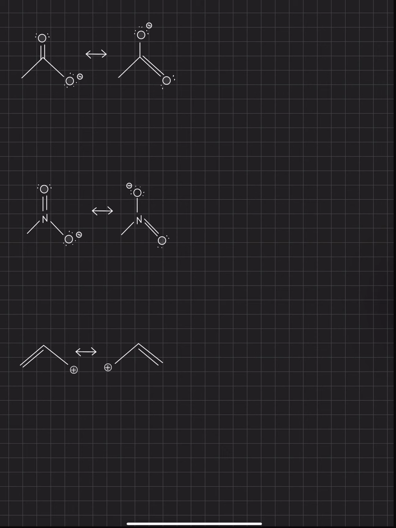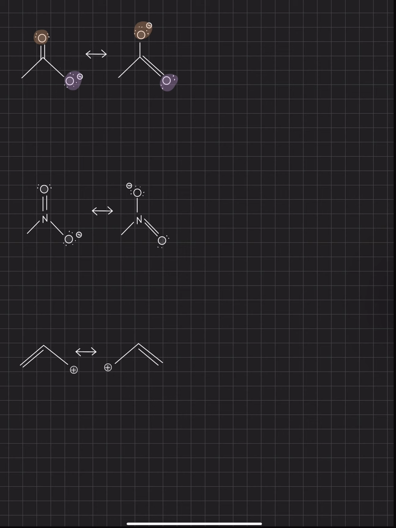So oxygen 1 has no formal charge, and the other oxygen has a negative formal charge. Oxygen 2 has a negative formal charge here, and oxygen 2 has no formal charge here. But you can see that the structures are equivalent. Why? Because on the structure on the left, one of the oxygens has no formal charge and the other has a negative formal charge.